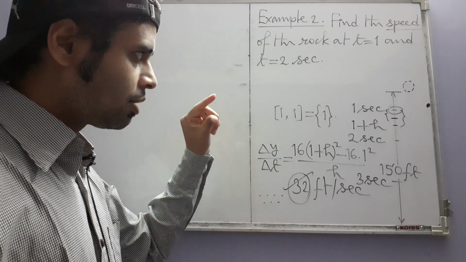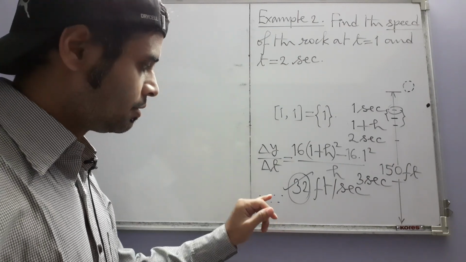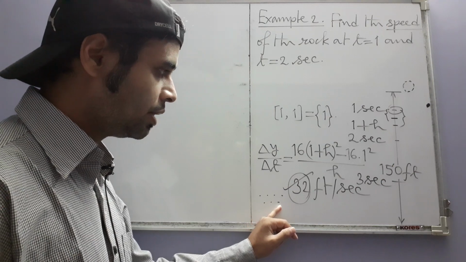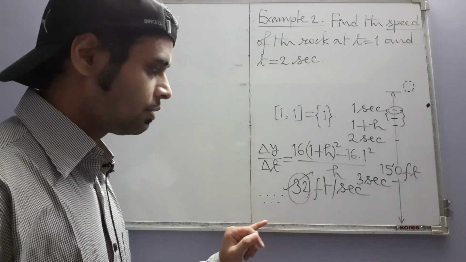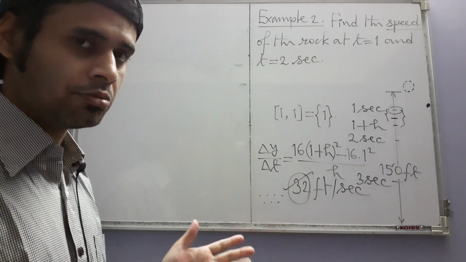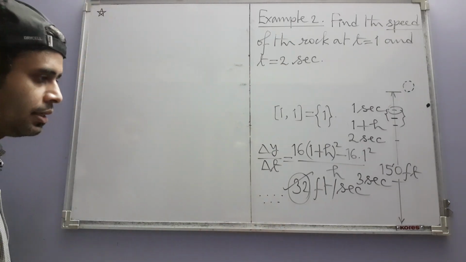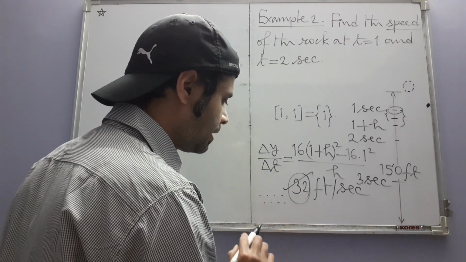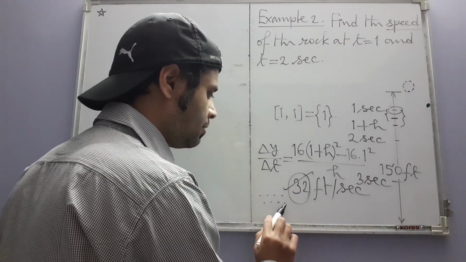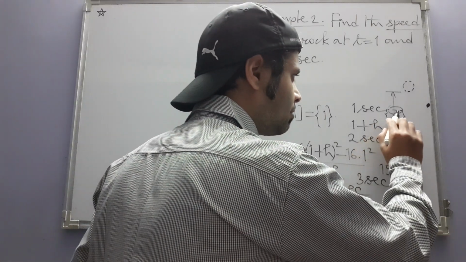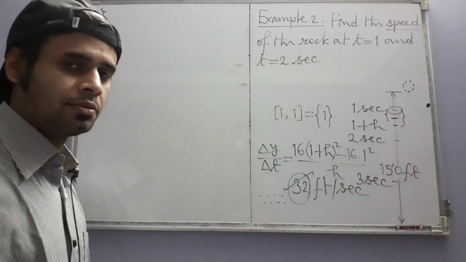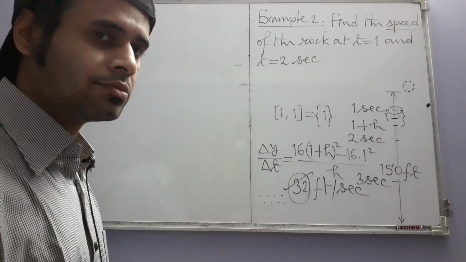As we take smaller and smaller intervals, the approximation gets better and better. It gets closer and closer to 32. And this approximation can be made as good as we want by choosing the interval sufficiently small. Okay, this sentence is very important.